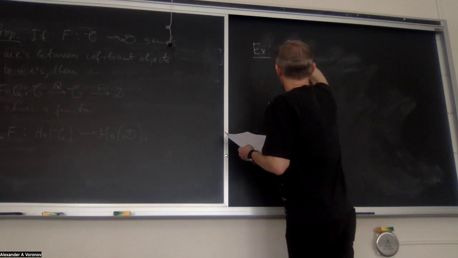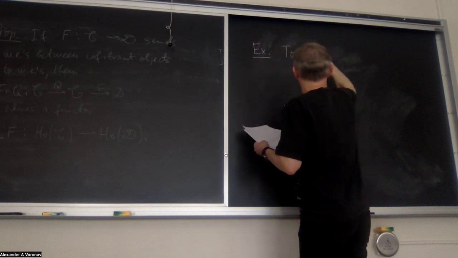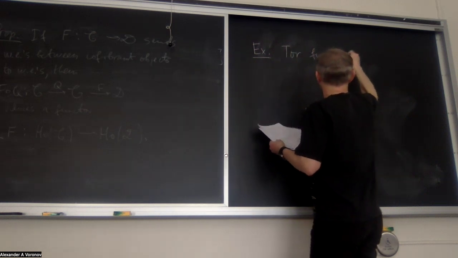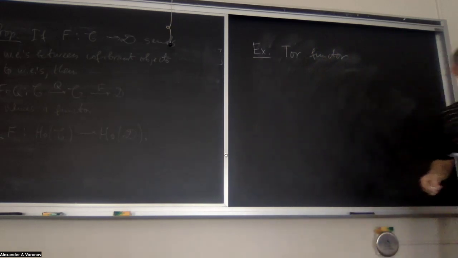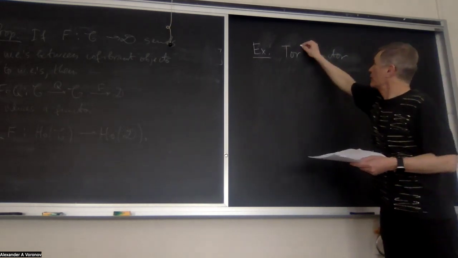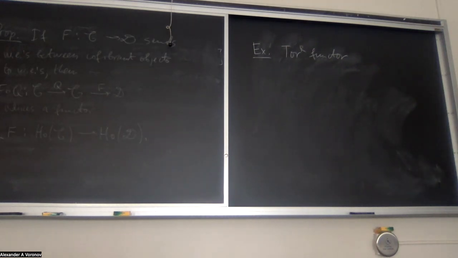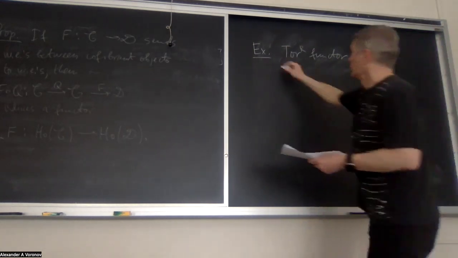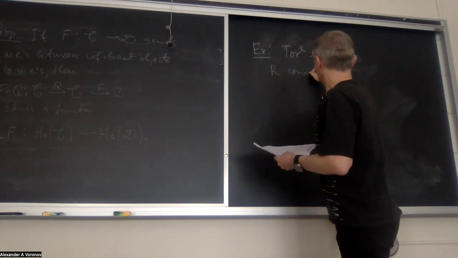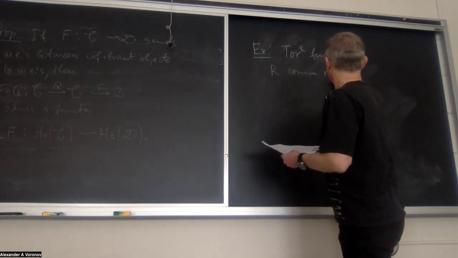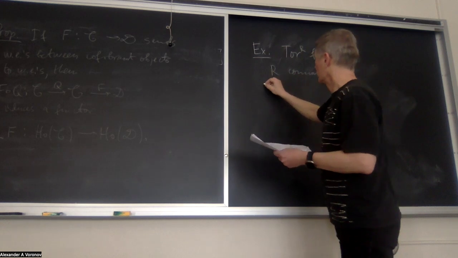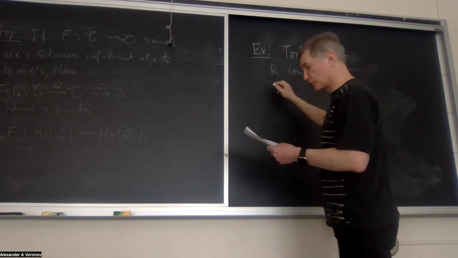For example, the left derived functor, basically the Tor, the left derived functor of the tensor product over R of the tensor product functor on the category of R-modules. So we'll consider a commutative unital ring R, and then we'll consider the tensor product.